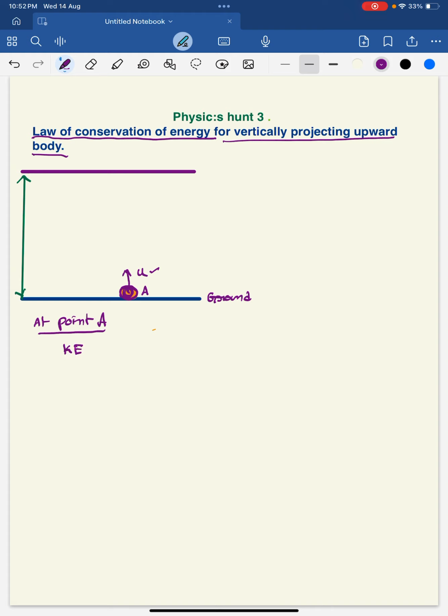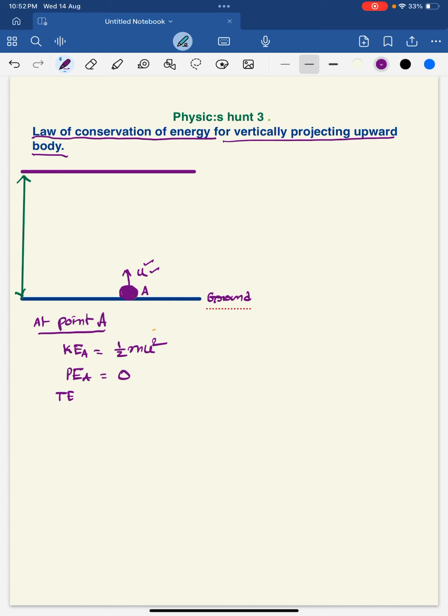So first of all, at point A, kinetic energy at point A is equal to half mu square, because I have given some initial speed to the object. Initially the object is located on the ground, so there is no vertical height. Therefore, potential energy at point A is equal to 0.